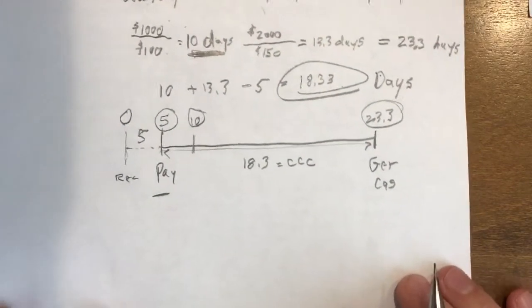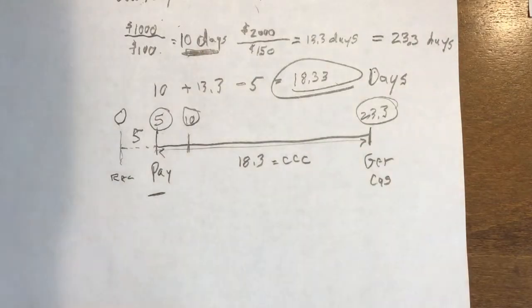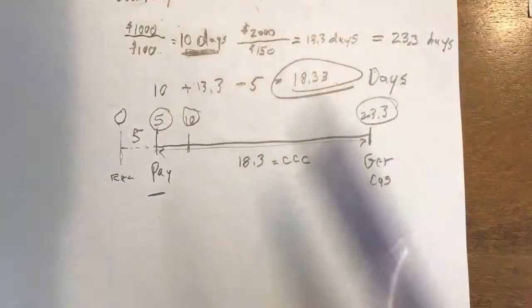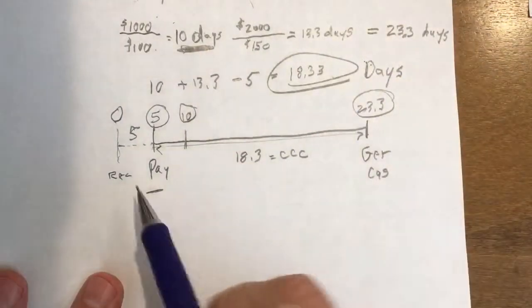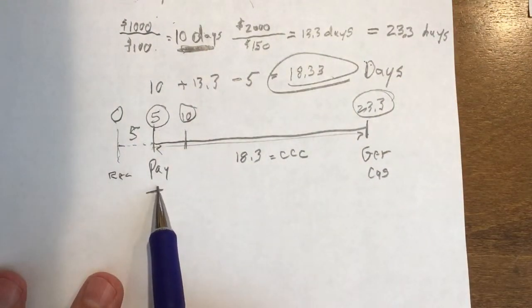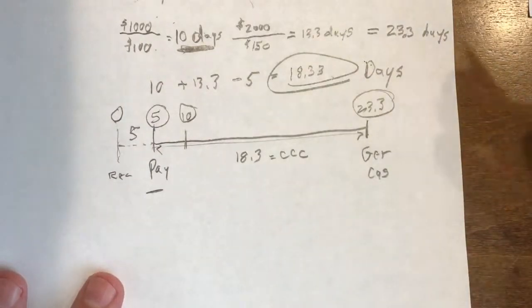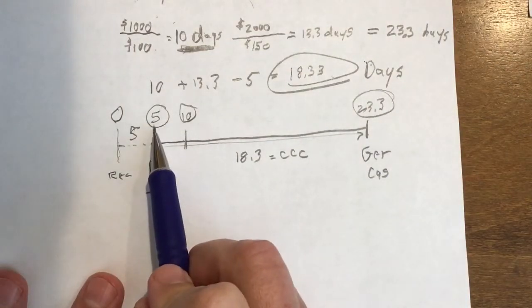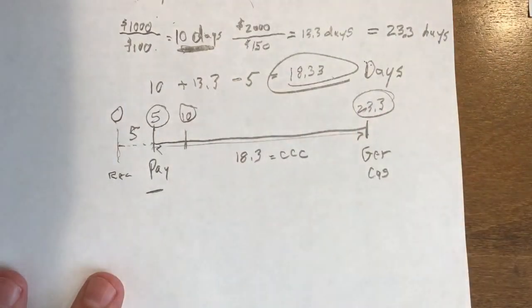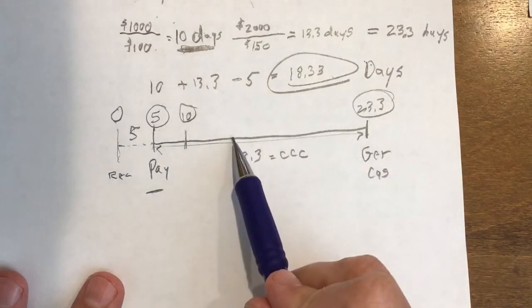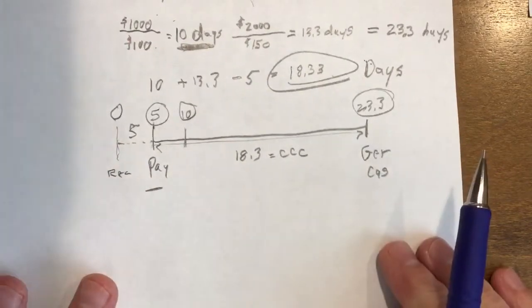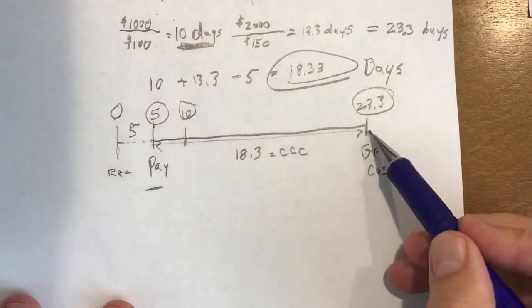So it's just really important, especially for a small business, to understand this. Once you understand this, you start to see a couple of things. One, for the vendors who are selling you inventory, you want to try to negotiate as long a period of time as possible to pay them for that inventory. Conversely, for customers, you want to negotiate payment as soon as possible. But like everything, there are trade-offs.